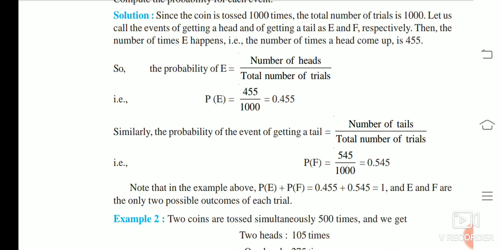So success means both times, probability of head is 2 by 2, that is answer 1. Suppose it's getting one head and another time it's tail. So for head only one time occurs, so 1 by total number of trials, which is 2, means 1 by 2. So your answer is 0.5.